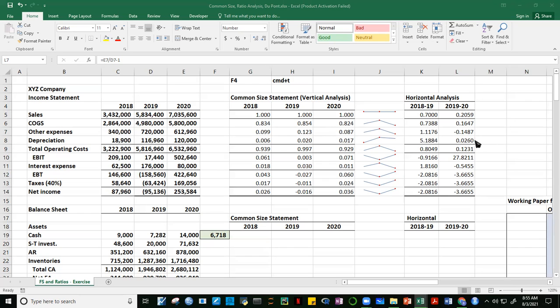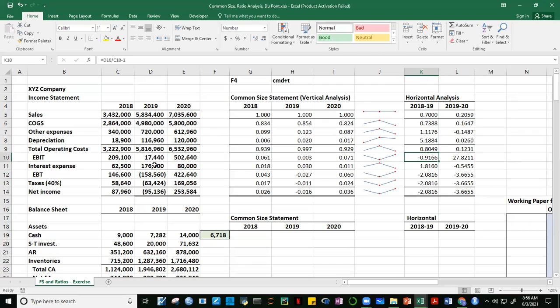Bumaba, guys, no? Tignan natin, ha? 14.87, ibig sabihin, from 720 yung other expenses, naging 612. Okay, it went down. Kaya negative yung rate ng decrease, no? So, guys, pag negative, ibig sabihin nun, bumaba.